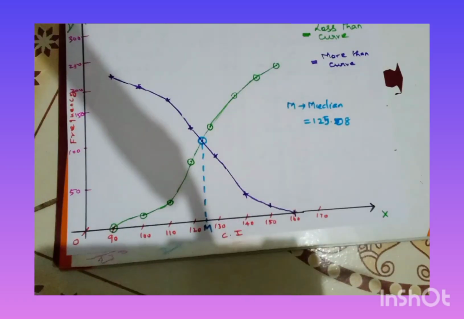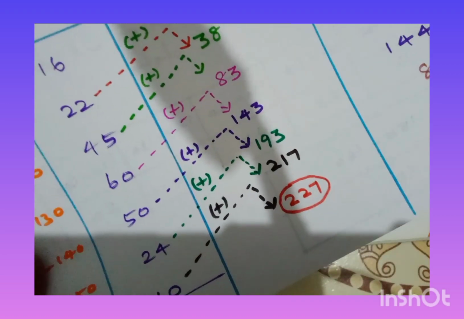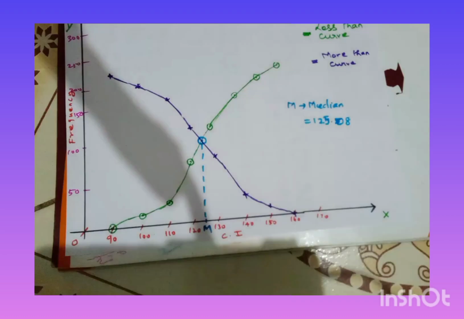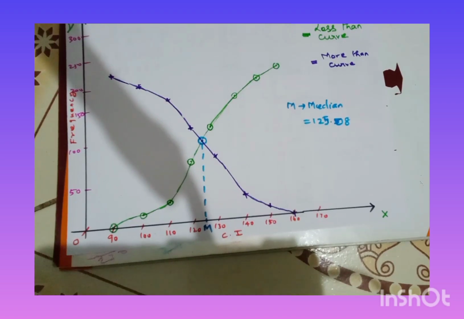So start from 50, or multiples of 10, 20, 30, whatever you can take, up to the largest value. In this problem, the largest value is 227, the last value of the cumulative frequency. So 50, 100, 150, 200, 250, 300. I have taken these in the y-axis, that is frequencies.